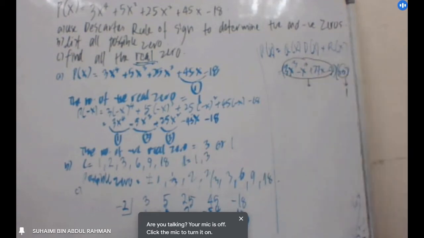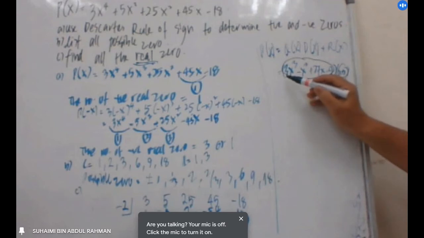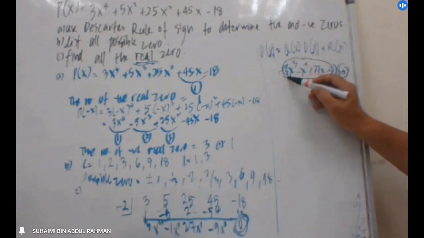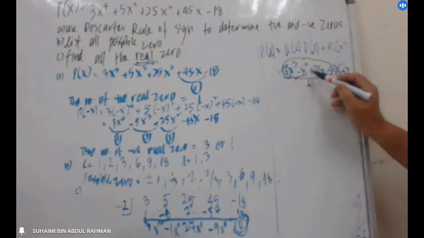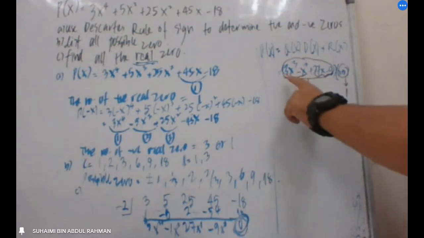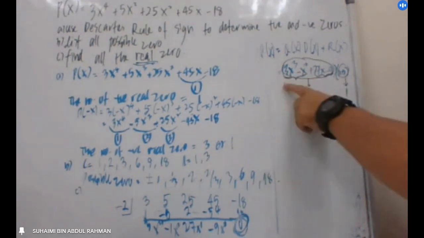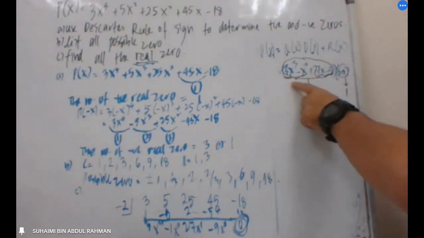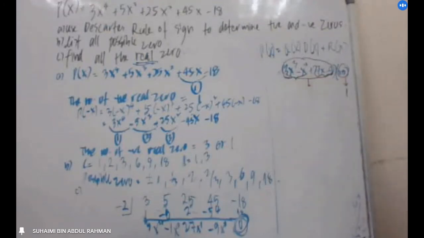Since this is x to the power of 3, we use factor by grouping. I hope you have already encountered factor by grouping before. If not, look carefully. We put these two in one group and these two in another group.